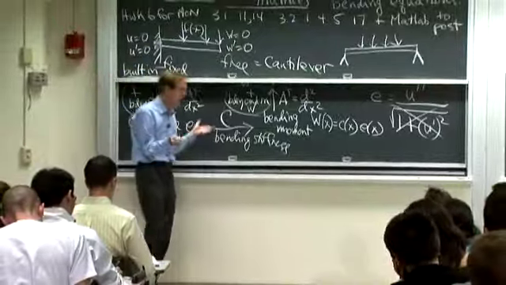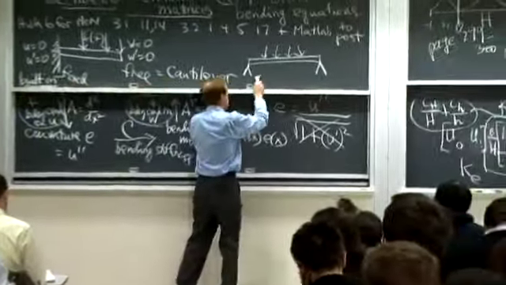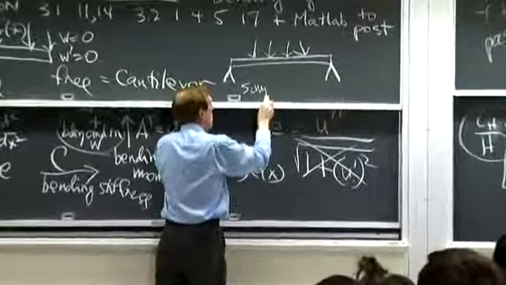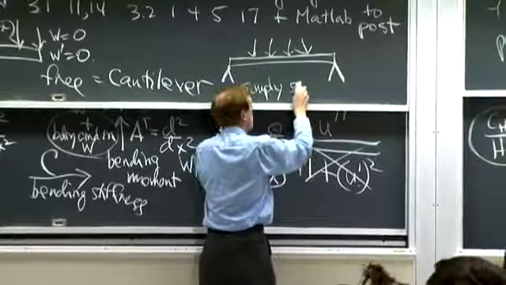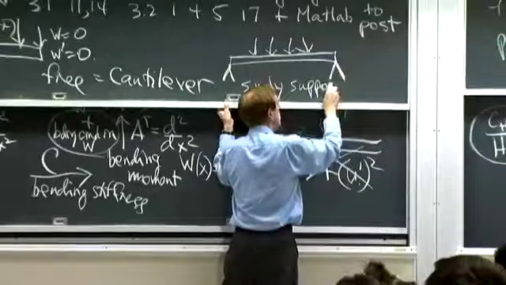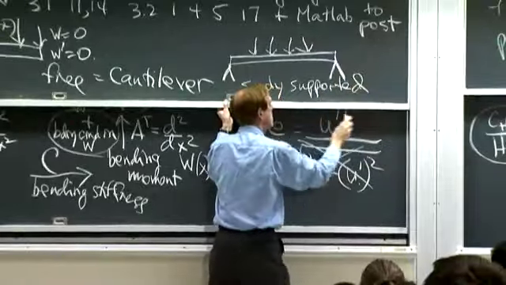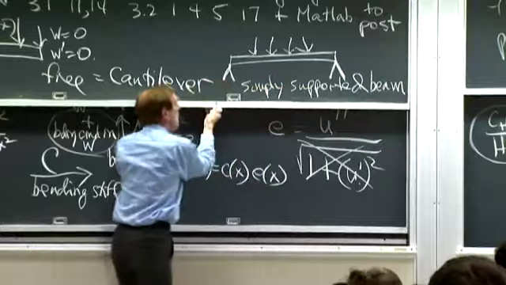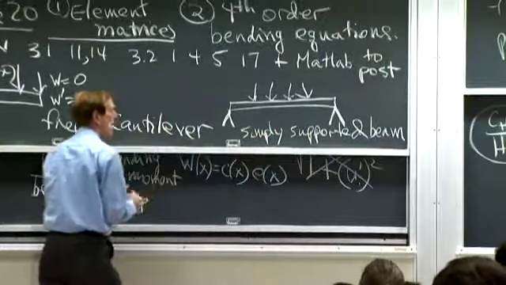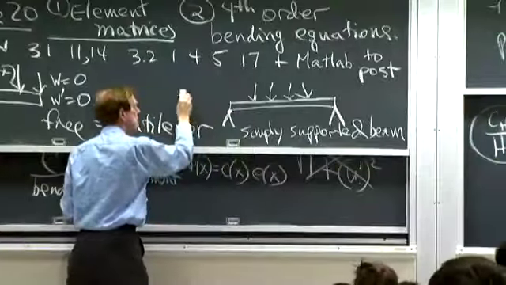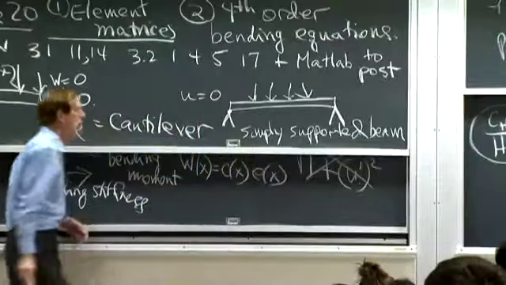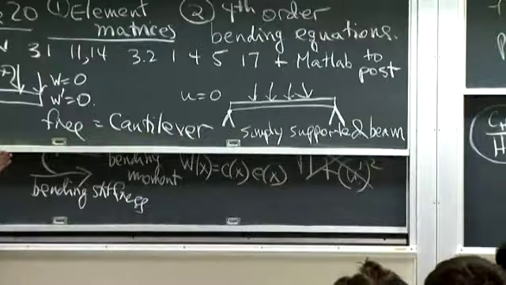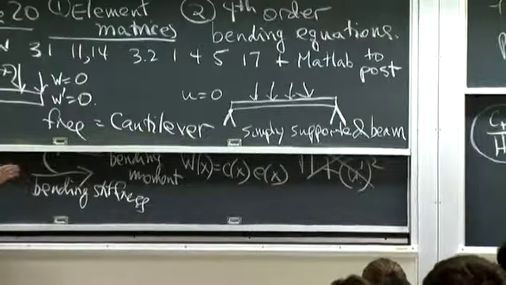Simply supported. So you don't need beam theory, and I don't know beam theory to tell the truth, to do these problems. So that's a simply supported beam. And what are the boundary conditions that go with that? Well, this is u equals 0. No displacement.